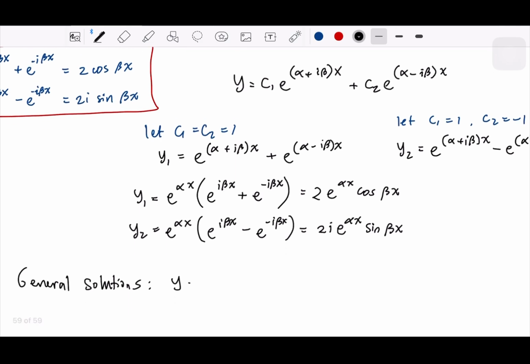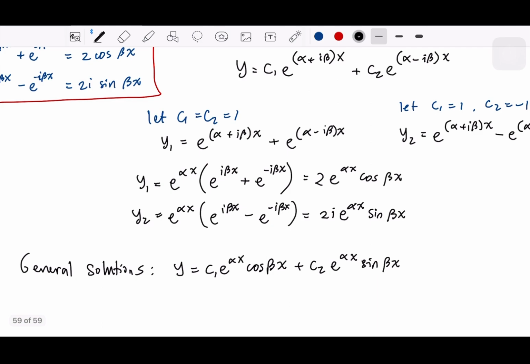We could write with constant C1 e to the alpha x cosine beta x plus C2 e to the alpha x sine beta x, or this is equal to e to the alpha x times C1 cosine beta x plus C2 sine beta x.